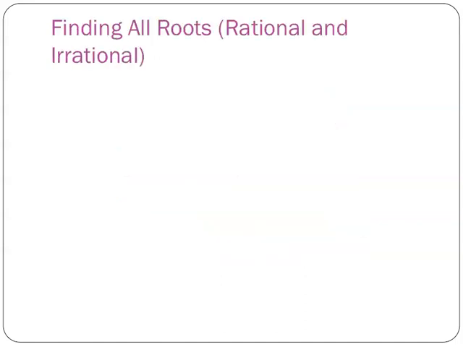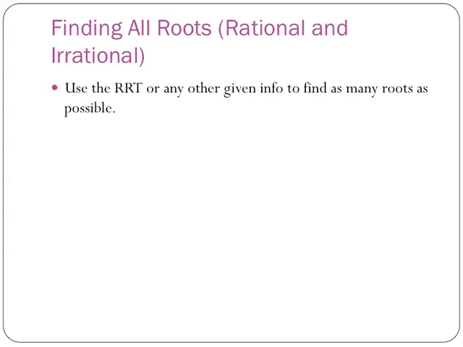Okay, now what about finding all roots? What about roots that aren't rational roots? Well, the way that we find all roots is we always first apply the rational root theorem and any other given information to find as many roots as possible. So sometimes in a problem you might be told that a certain value is a root along with whatever rational roots you might find.